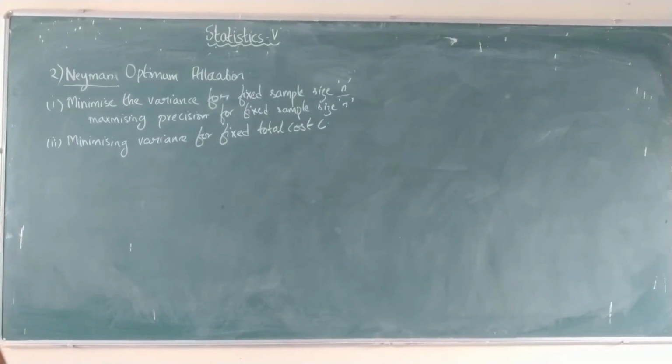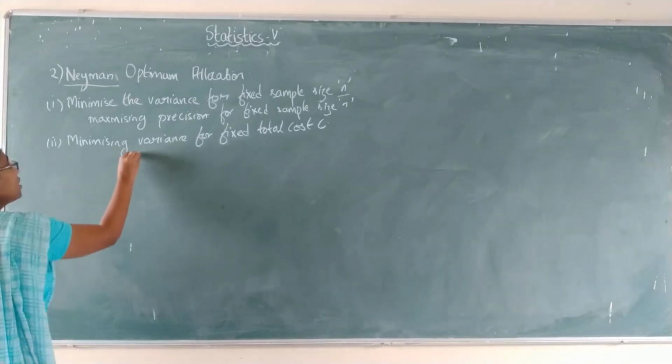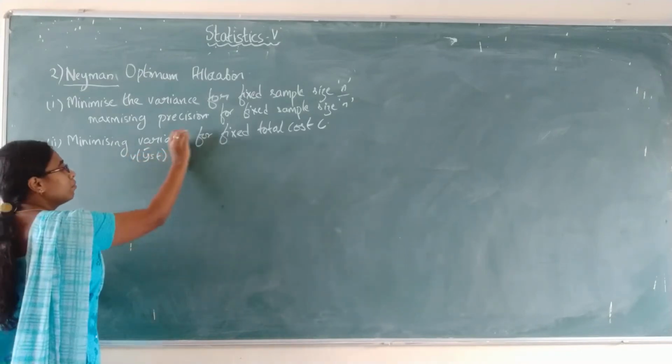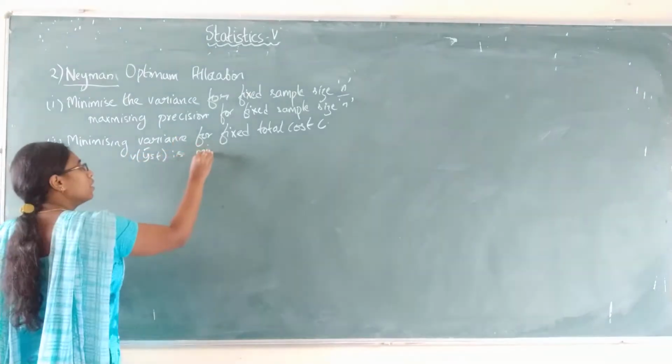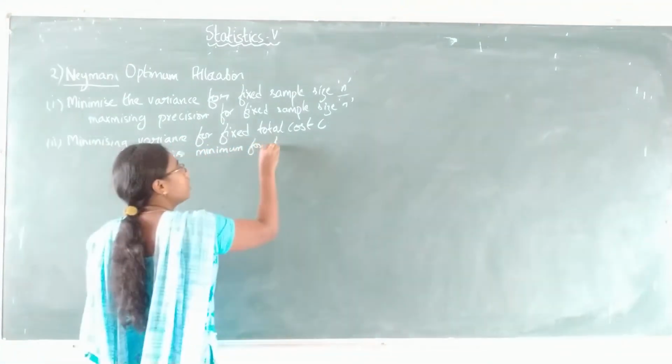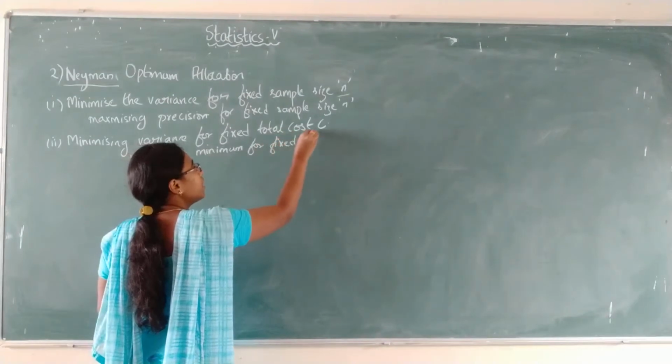So that is the second rule, that is, the variance of y bar st is minimum for fixed total cost C.